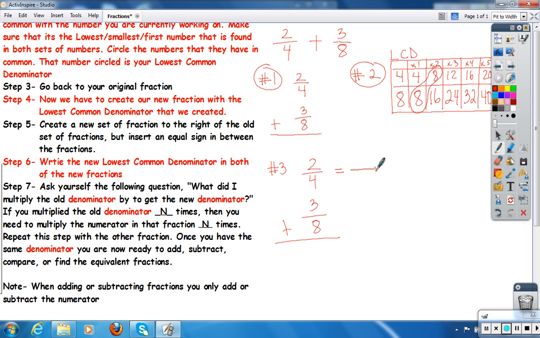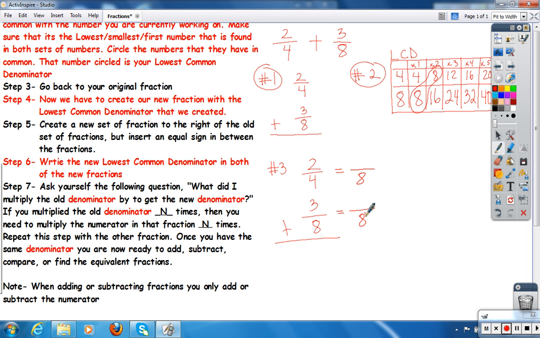That's the only way it could happen. So now, what am I going to replace this 4 with? An 8. And what am I going to replace this 8 with? An 8. Good. And it's on your work.